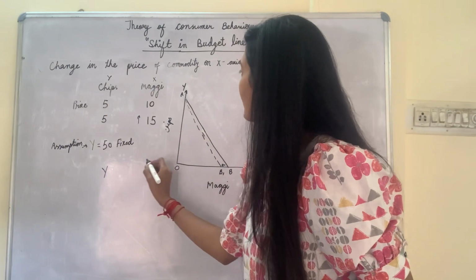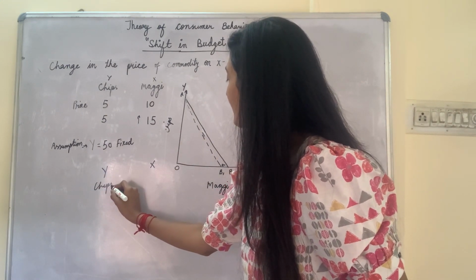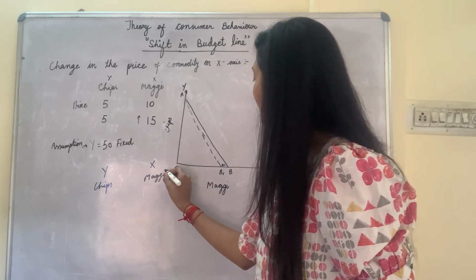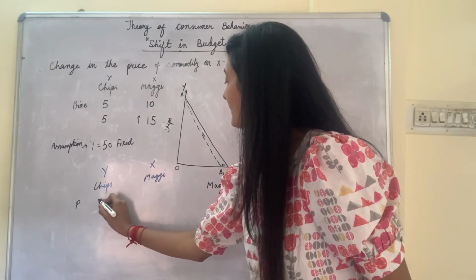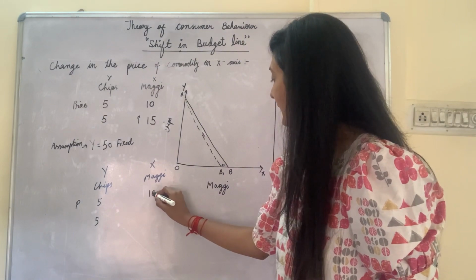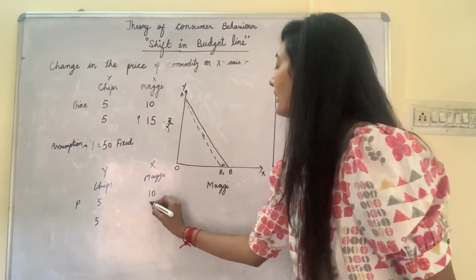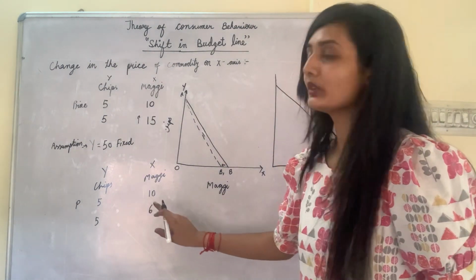Now the second condition: on the y-axis and x-axis, we represent chips on the y-axis and Maggi on the x-axis. The price of chips is 5 and the price of Maggi we take as 10 rupees. Now what is happening? The price of Maggi is decreased from 10 to 6.